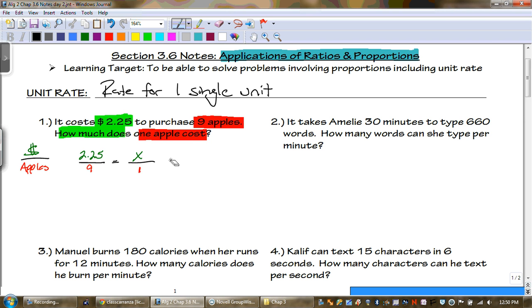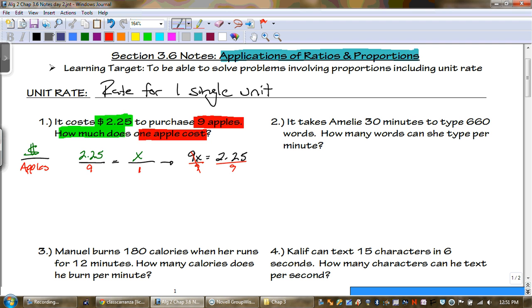Okay, so when you cross multiply, we get 9x equals 2.25. Okay, let me rewrite that so it actually looks like 2.25. Now, to get the x all by itself, we have to divide by 9.